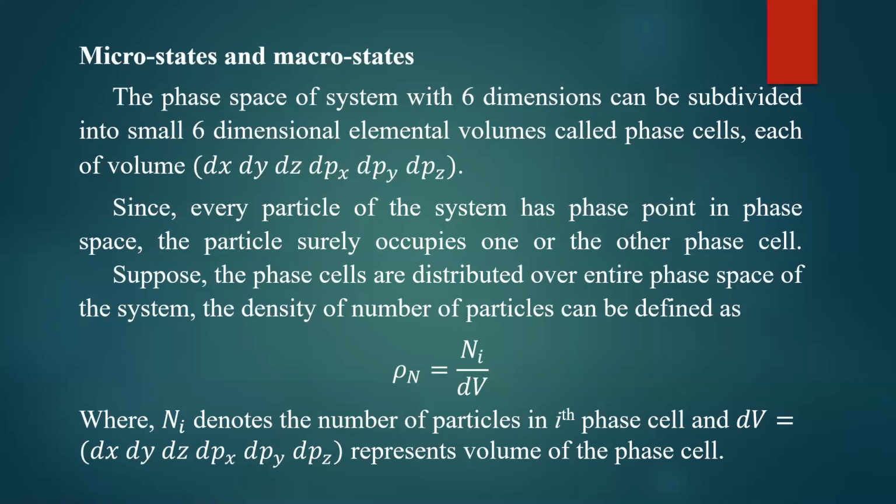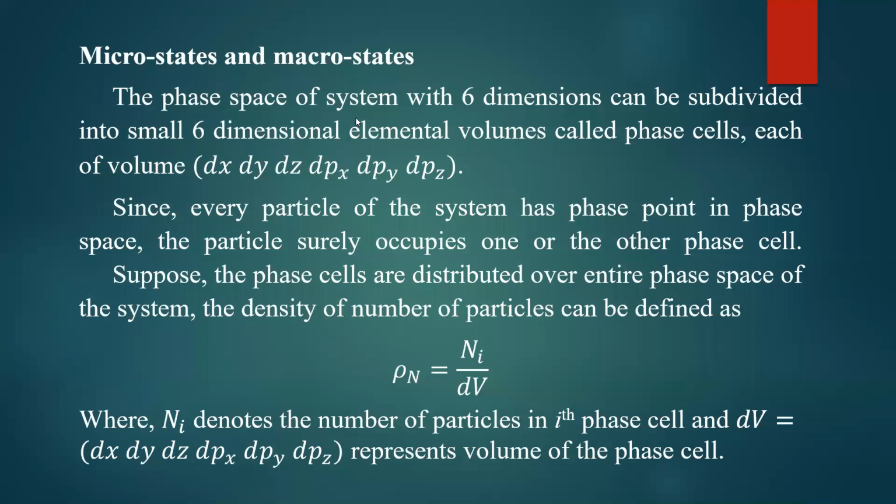So that property gives the macrostate of the system. Whereas microstate of the system is represented by means of the momentum and position coordinates of the system, and that is what microstate represents. So let us consider simple examples to understand microstates and macrostates.